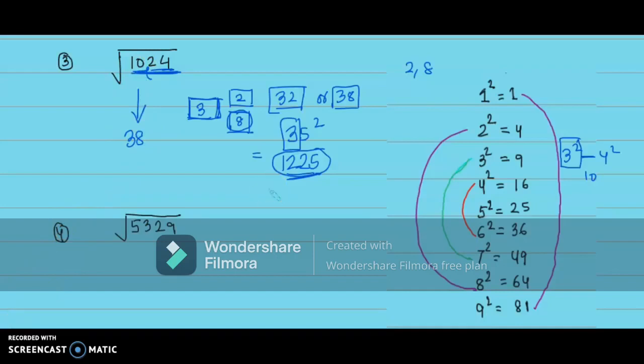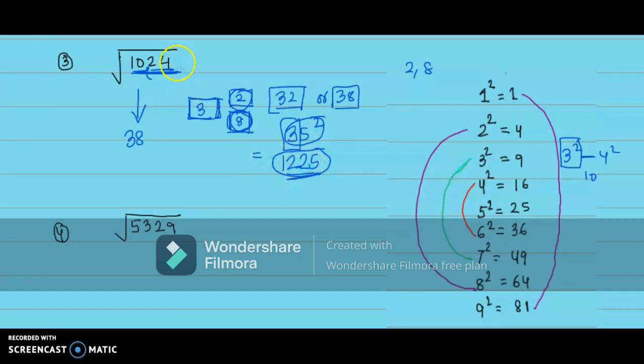There was a slight mistake in the explanation. You got two values, 32 and 38, and which is going to be the right option? For that I told you, find the square of 35, and the square of 35 is 1225.